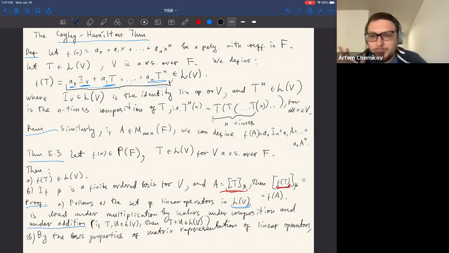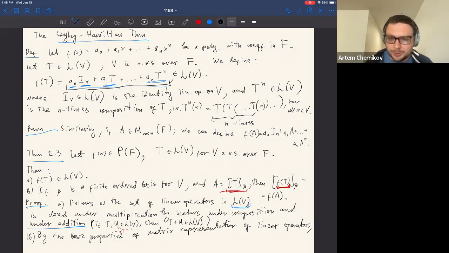So this is all that we mean by closure under addition. But in this case, you can take U to be, for example, T to the power n minus 1, or a times T to the power n minus 1, whichever you want. So we know that the sum of any two linear operators is again a linear operator.